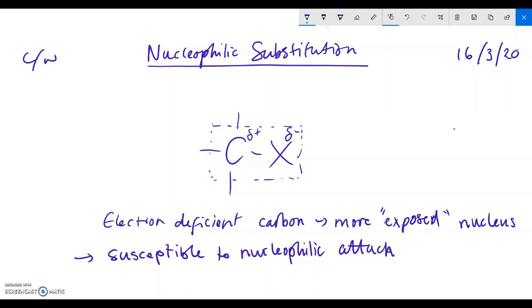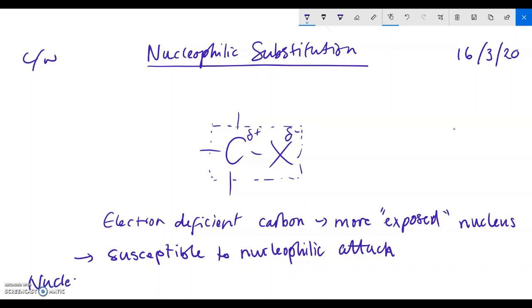So by this new type of reacting species called a nucleophile, which is something unlike an electrophile, which is attracted towards regions of high electron density, nucleophiles are attracted towards regions of positive charge, regions of low electron density. Okay, so let's note that down.